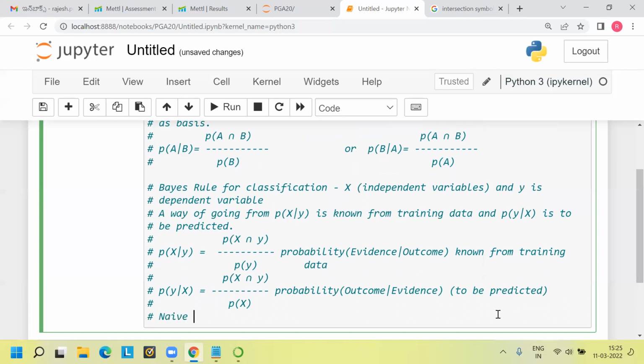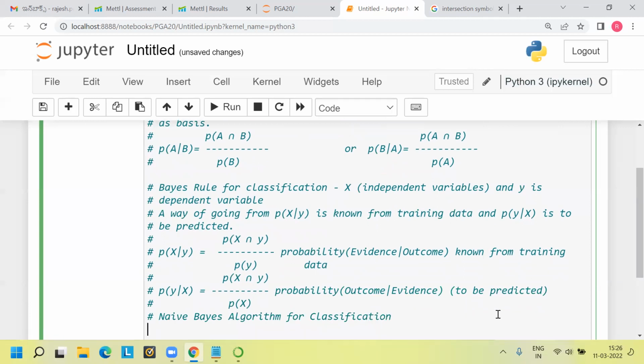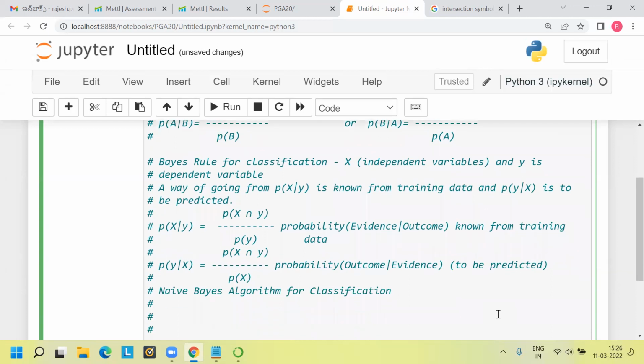The naive Bayes algorithm for classification, if it is a single independent variable, the formula is probability of y given x is equal to probability of x given y multiplied by probability of y divided by probability of x.